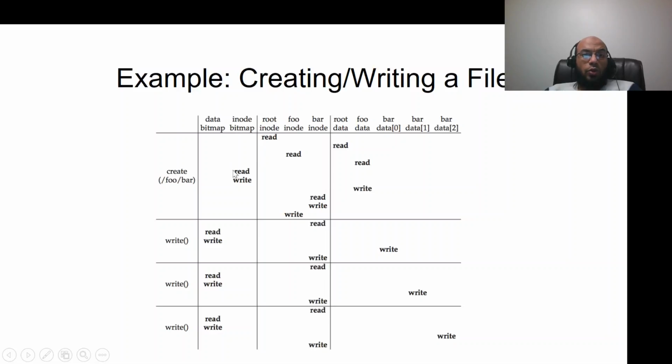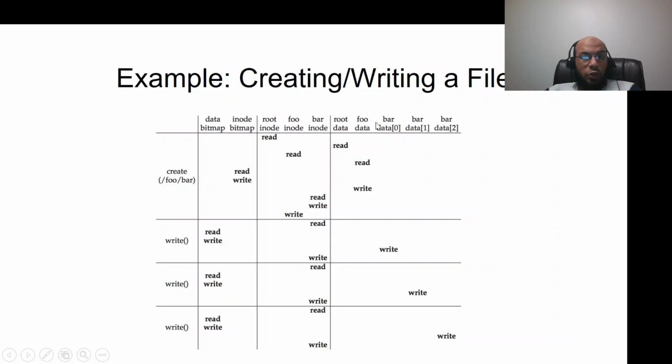So you go back to the inode bitmap, you read the inode bitmap, you allocate some inode bitmap, you write to it basically, and then you write to foo data.